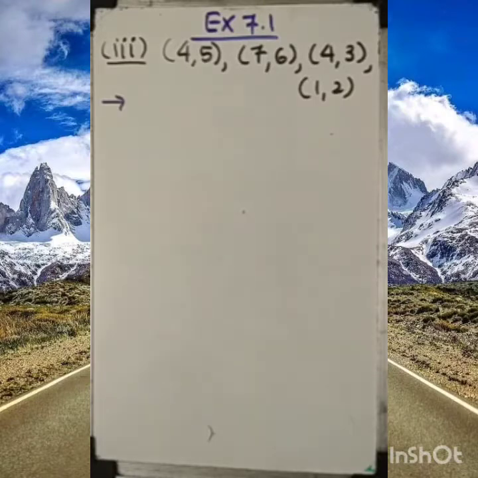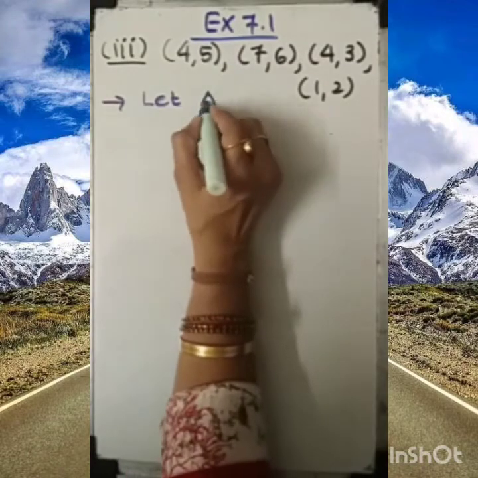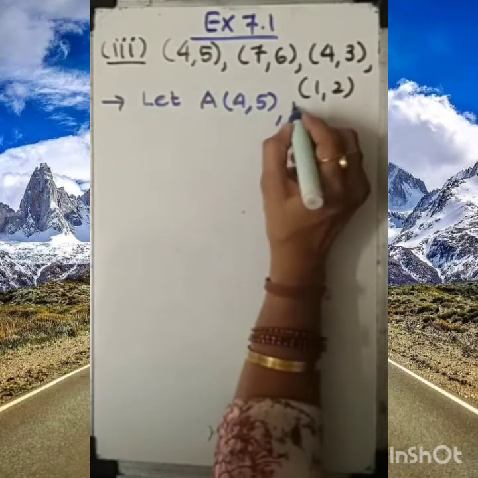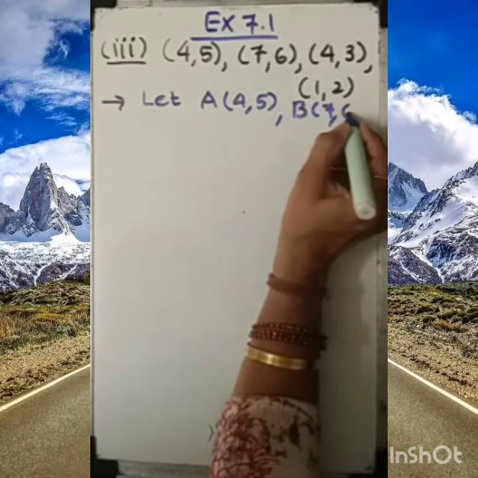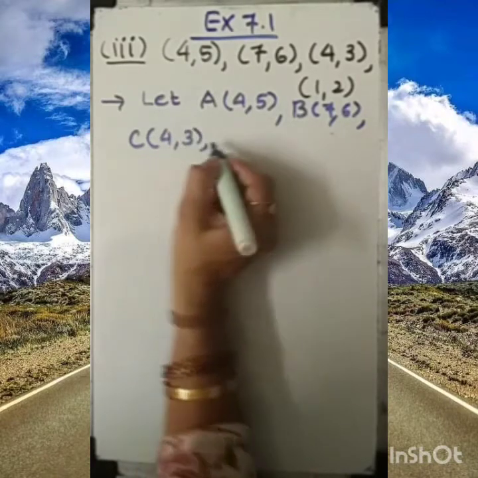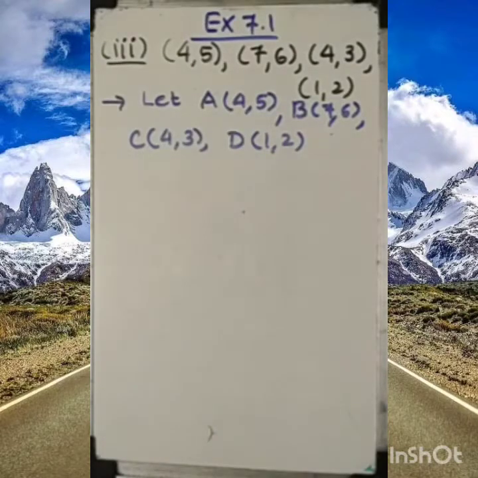So let's begin. Let point A be 4 comma 5, B another point, 7 comma 6, C 4 comma 3, and of course D that is 1 comma 2. We are considering all four vertices of a quadrilateral this way.